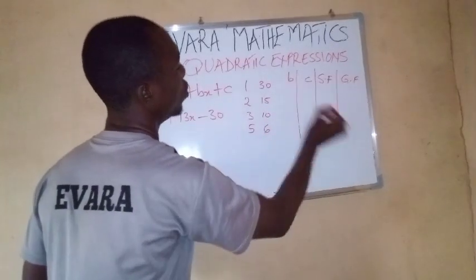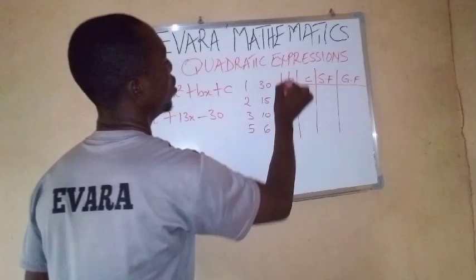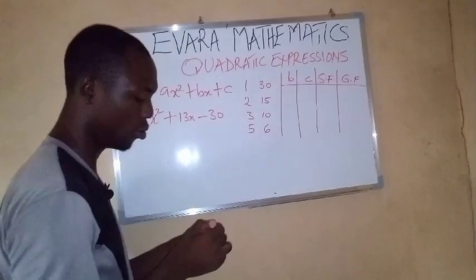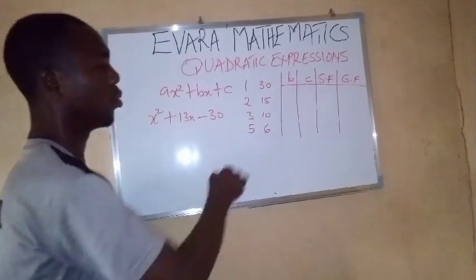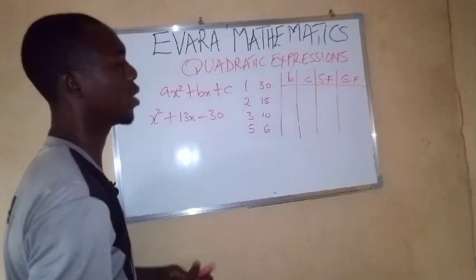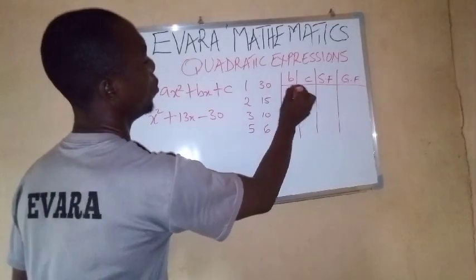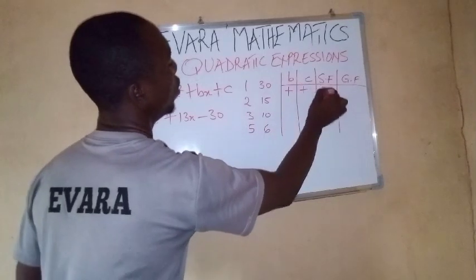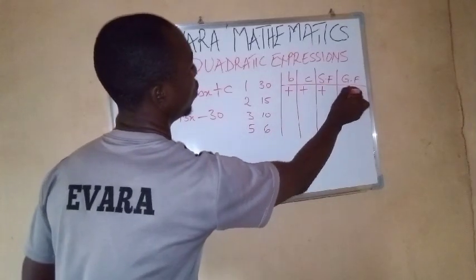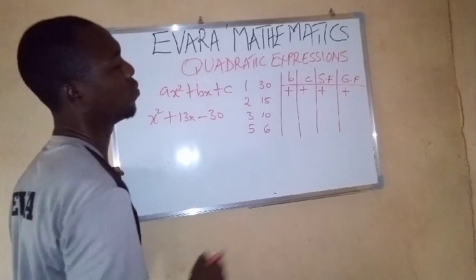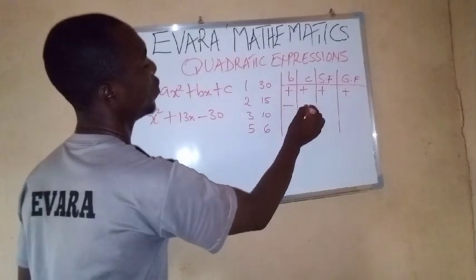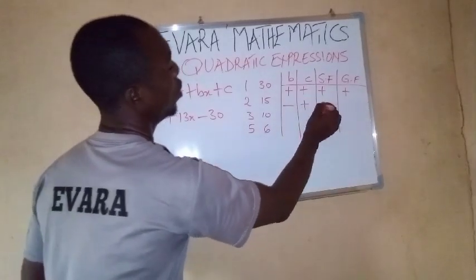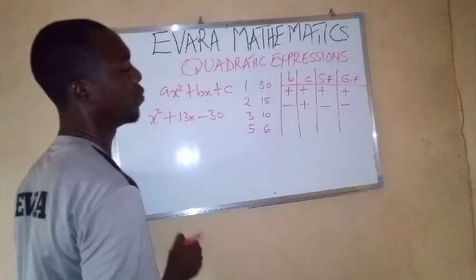This table will make it easier for us to know what sign to assign to the factors. When b is positive and c is positive, the smaller factor will be positive and the greater factor will also be positive. When b is negative and c is positive, the two factors will be negative.